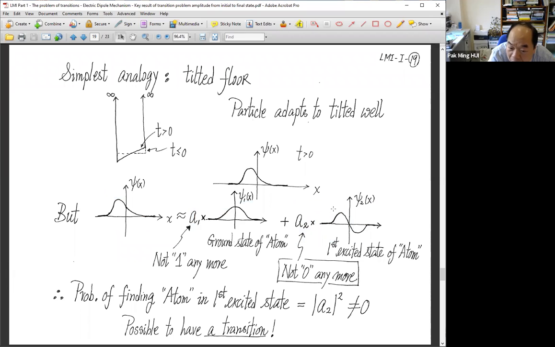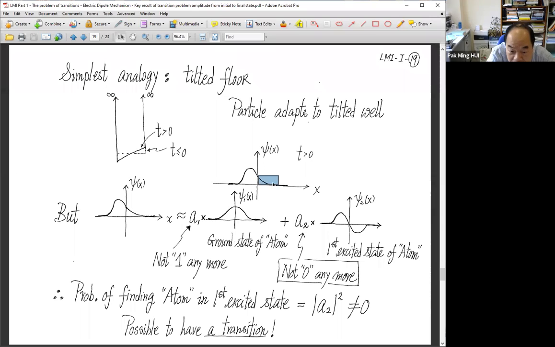Now, even by eyes, if I add this into here, the positive part added to positive part will be more positive. That is to say, the sum will be tilted to the left side as we wanted it to be. On the right-hand side, it is positive in one term and negative in the other term. If I tune the weighting properly, then I could have a smaller tail on the right-hand side.